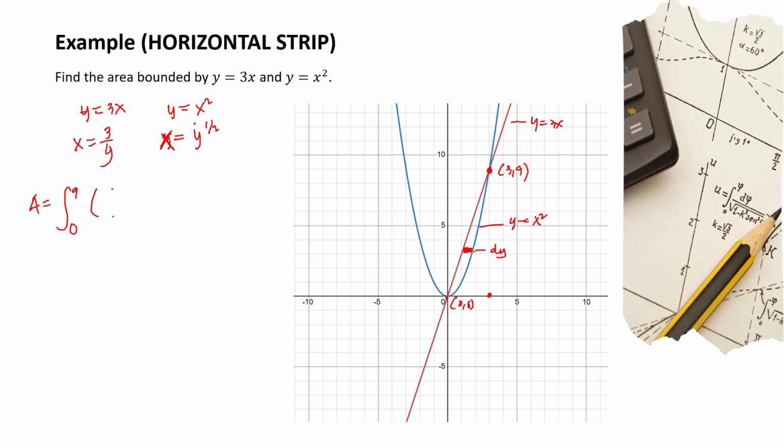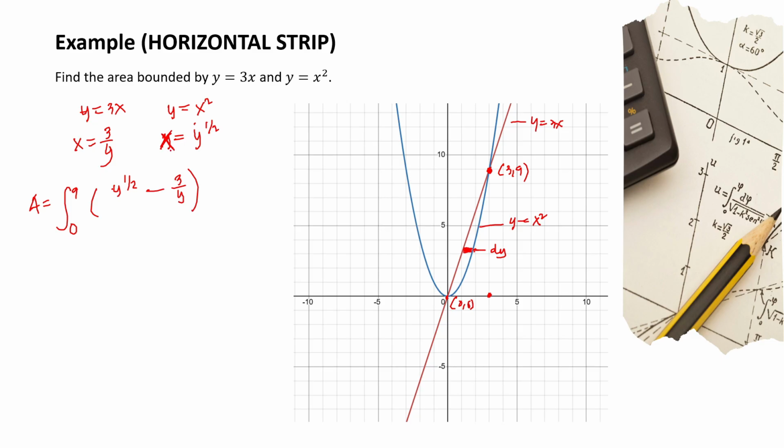Now this is left or right, not upper or lower, so it is the right minus the left. Our right here is from y equals x squared, so y raised to 1/2, minus the left, which is y over 3.